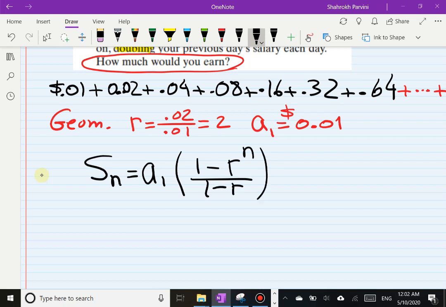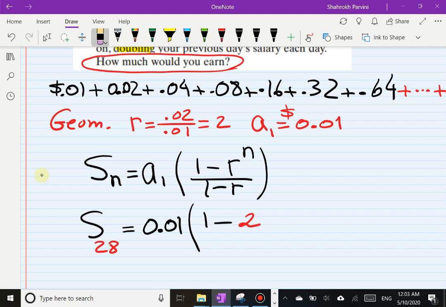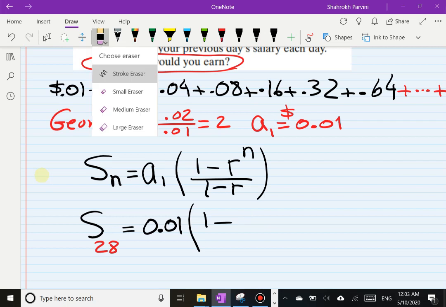Okay. Now, let's plug in for these. Remember 28 days in February, so S sub 28 is: your first day pay is 0.01. But then check this out. Your common ratio is 2. Right? That's 2. Let me not use red because I already used red for the subscript.